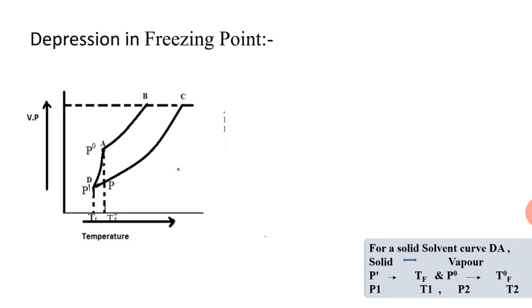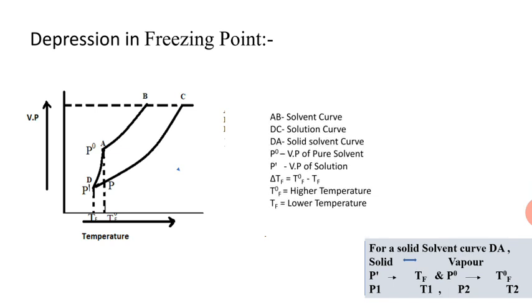Now for the solid solvent curve, see the diagram again. In the diagram, for the solid solvent curve dA, solid and vapor are in equilibrium. See the curve dA: when the pressure is P dash, at that time the temperature is Tf. Again see, when the pressure is P0, at that time the temperature is T0F.